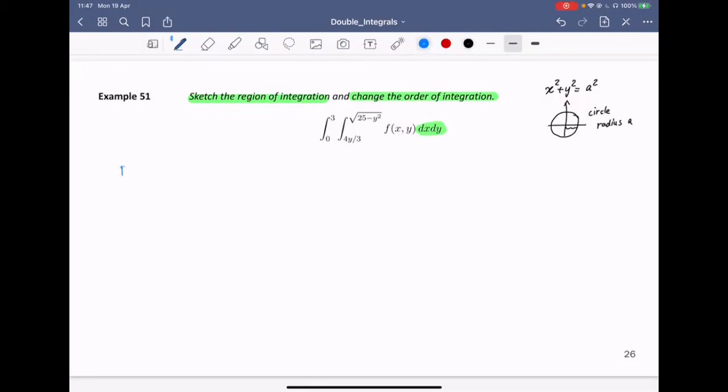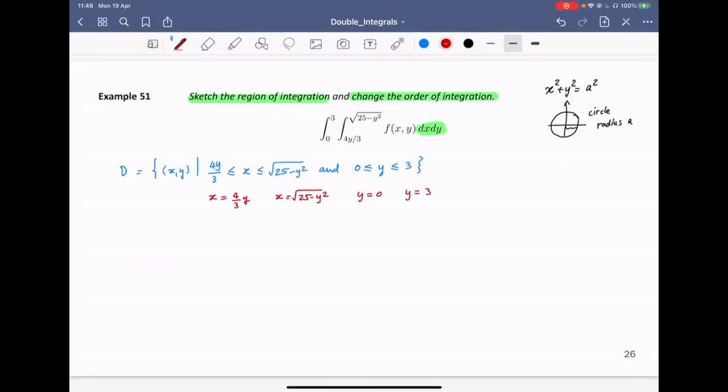So we're going to look at the first integral here. x goes from 4y over 3 to square root of 25 minus y squared, and y goes from 0 to 3. Let's think about the equations first. We have x equal to 4 over 3 y, x equal to square root of 25 minus y squared, y equal to 0, and y equal to 3.